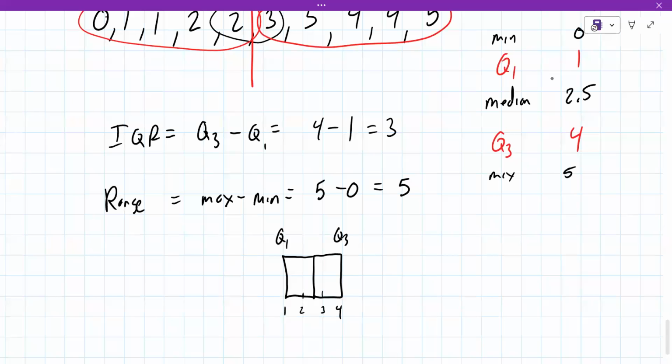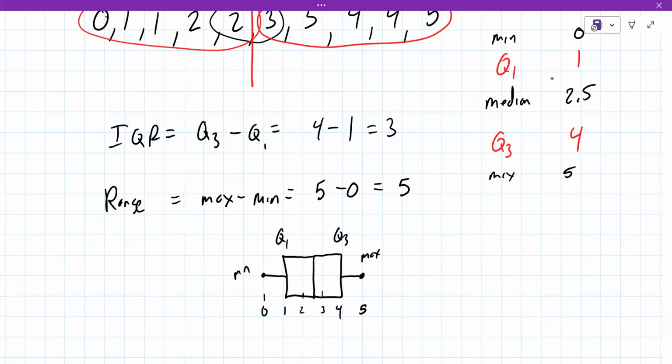And then you draw out to the max, and then you go to the min as well. This one does not have any outliers. I'm just going to say that.